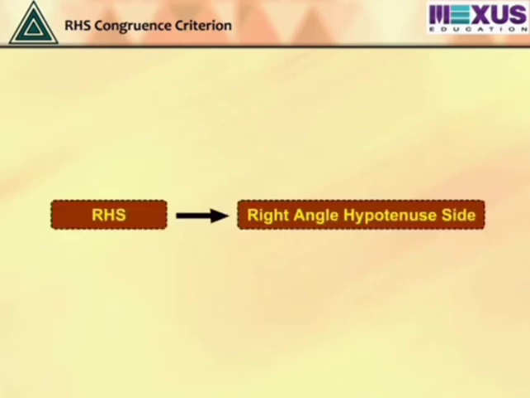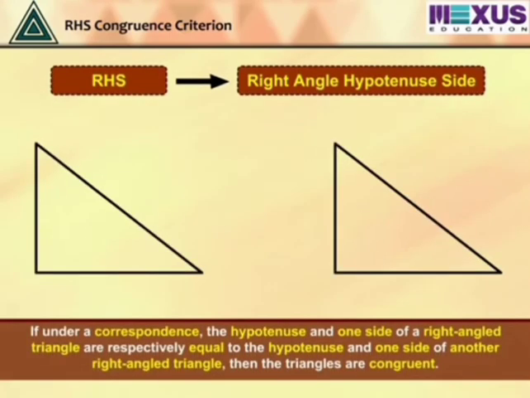Now RHS, right angle, hypotenuse, side. Two right angled triangles. If under a correspondence the hypotenuse and one side of a right angled triangle are respectively equal to the hypotenuse and one side of another right angled triangle, then the triangles are congruent.